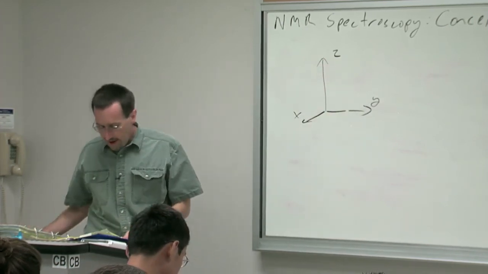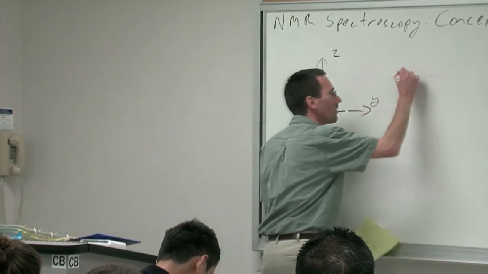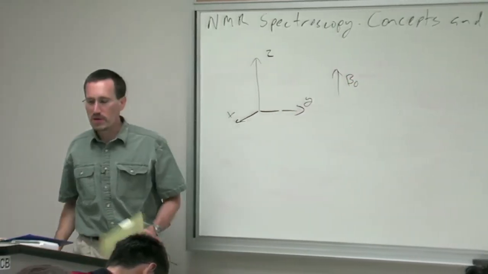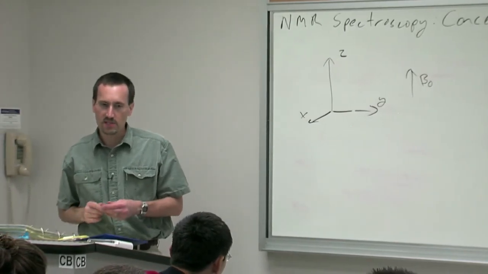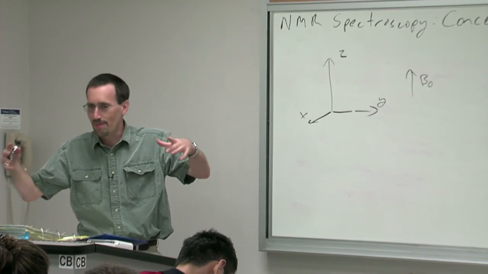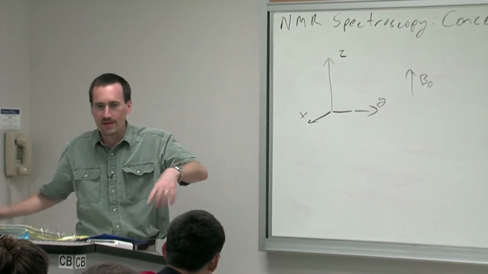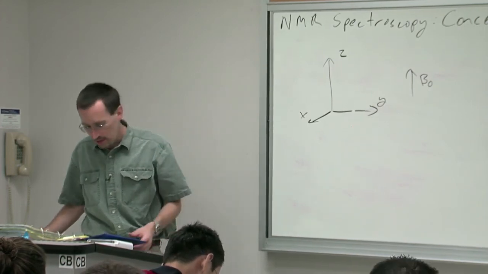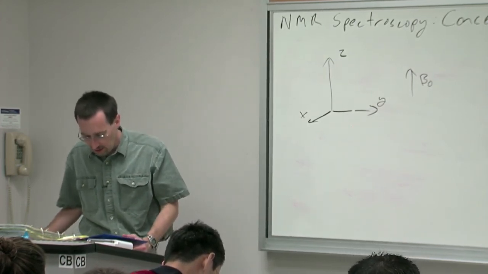And we're going to have our applied magnetic field B naught pointing upwards. That kind of makes sense. These superconducting magnets are always vertical because you've got this big pot of liquid helium surrounded by a vacuum vessel, surrounded by liquid nitrogen, surrounded by a vacuum vessel.